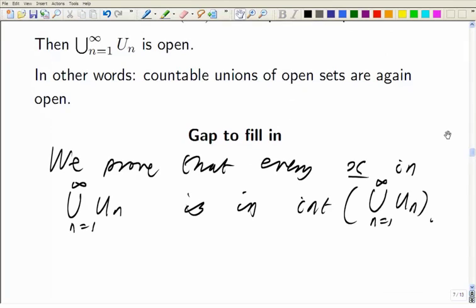So again, you can either say let, but if you say let, it's very slightly a bit dangerous, because actually all of the Un could be empty and then the union would be empty, which would be a special case, which would be easy to deal with. But if you want to be really safe, you could say suppose that x is in that set. And from that, you have to deduce that it's in the interior.